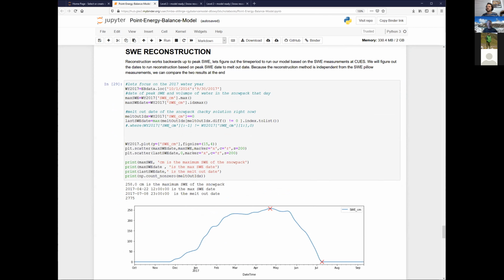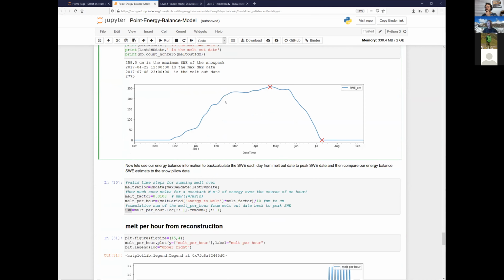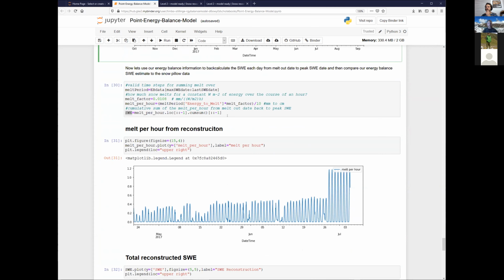Sometimes there might be some missing data when there are upgrades on the station. This is where you'd want to look, right here, where we do this water year variable. This is how I selected the 2017 water year and did the reconstruction. So you can definitely change that and reconstruct other periods of time.